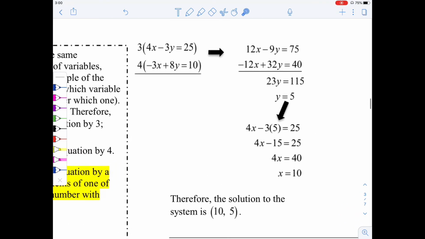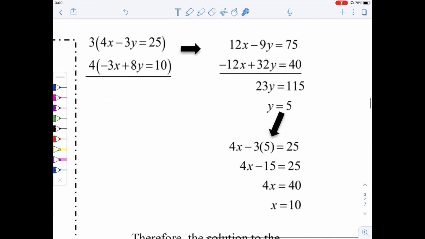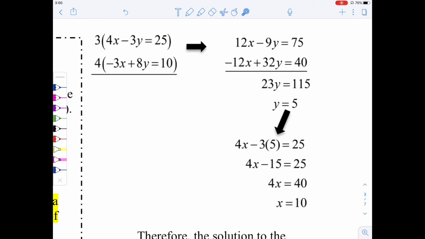Okay, another method here. If we have to modify both equations, so if you have a 4 and a 3, we can't easily multiply one of them to match it. So we'd have to multiply both of them. So an easy method to remember is cross multiplying. That's all we're doing right there. If all else fails, cross multiply.